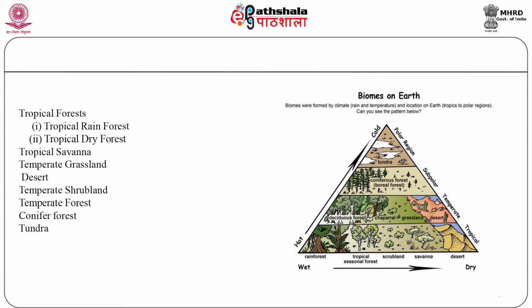There are 8 major terrestrial biomes. They are the tropical forest, tropical savanna, temperate grasslands, deserts, chaparral or the shrublands, temperate forest, conifer forest, which is also known as taiga or boreal forest, and the last one is tundra.